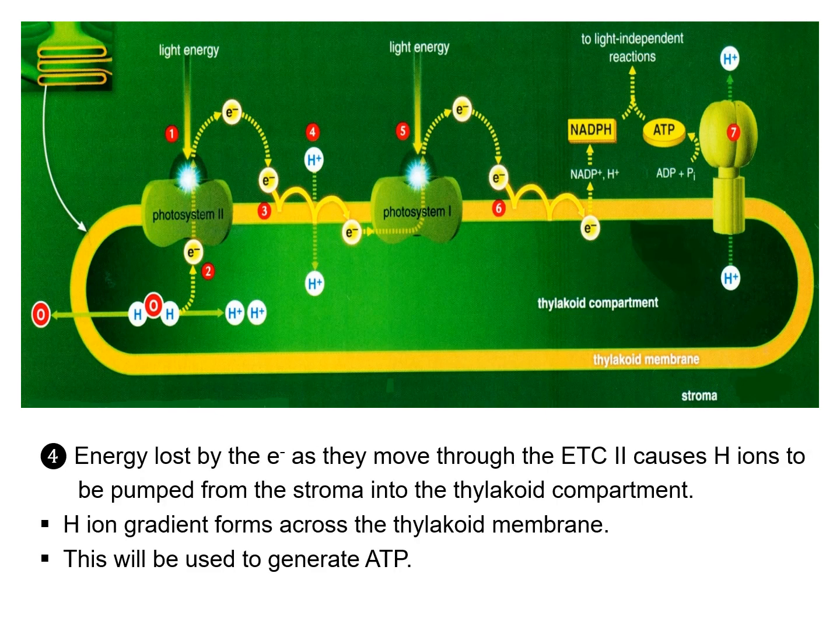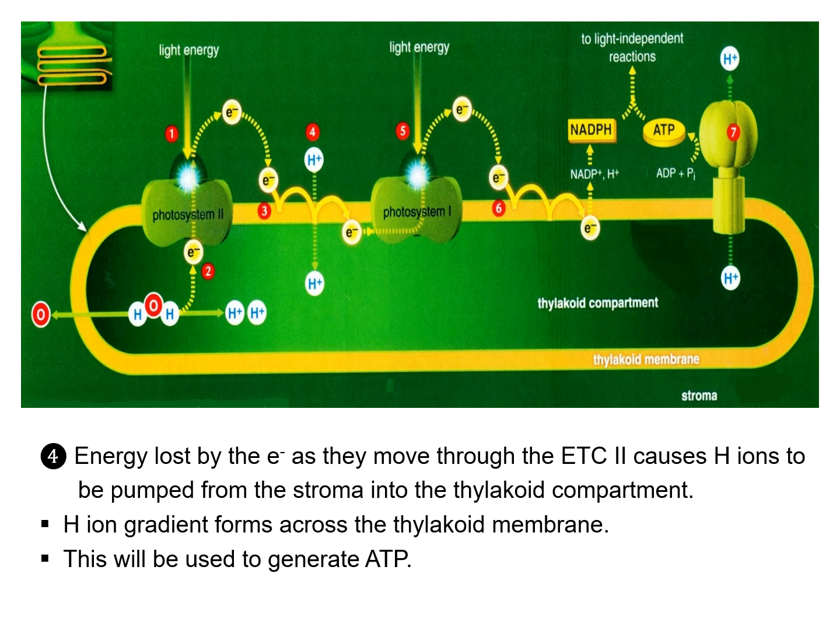As I mentioned before, energy is lost by the electron as it moves through electron transport chain 2, which causes hydrogen ions to be pumped from the stroma into the thylakoid compartment. A hydrogen ion gradient forms across the thylakoid membrane. This will be used to generate ATP later.